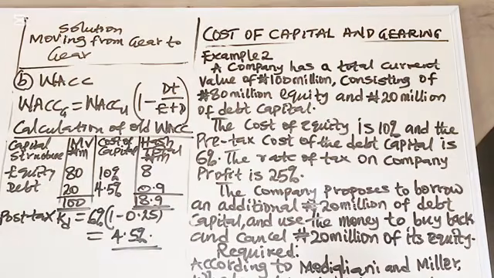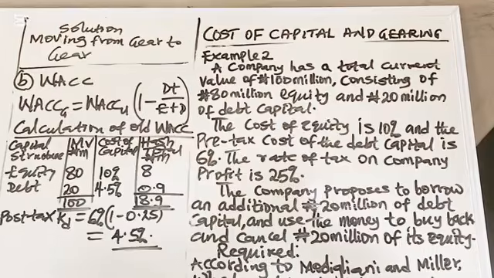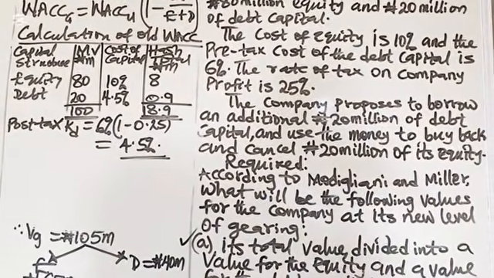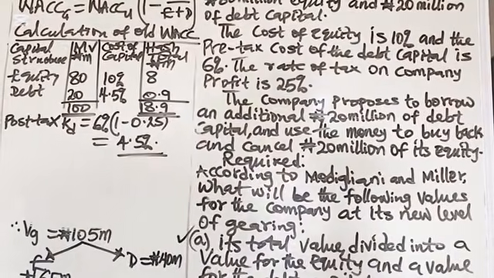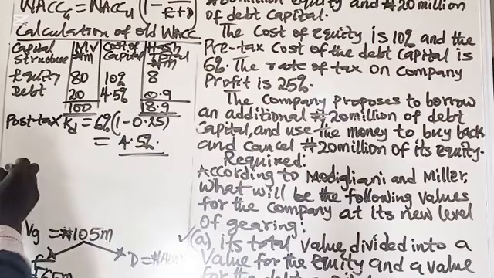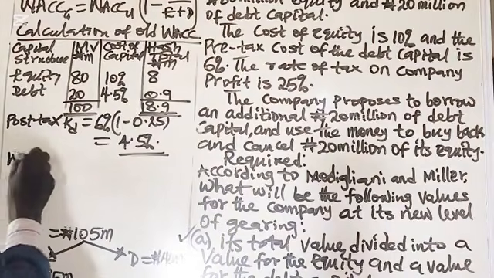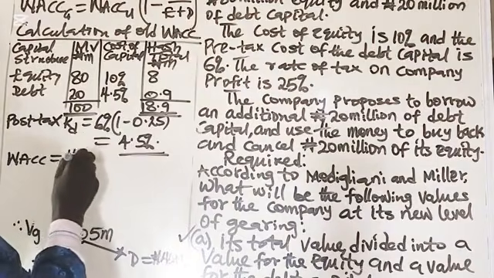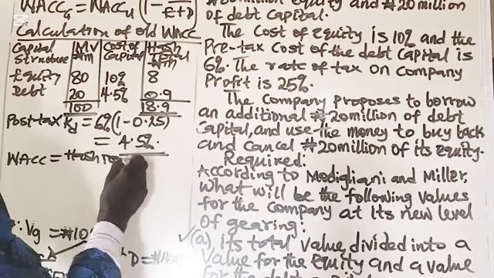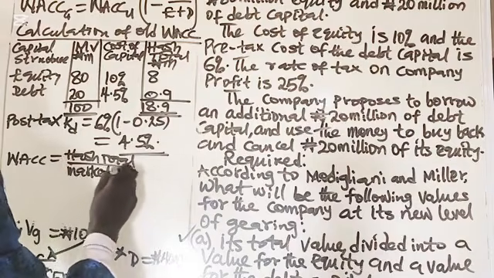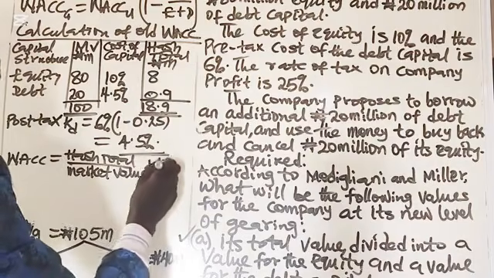Remember, WACC is the hash total over the market value. WACC equals the hash total over market value, times 100 over 1.